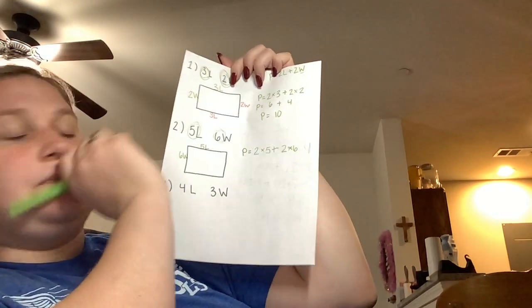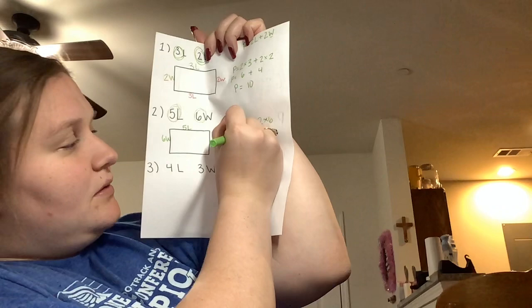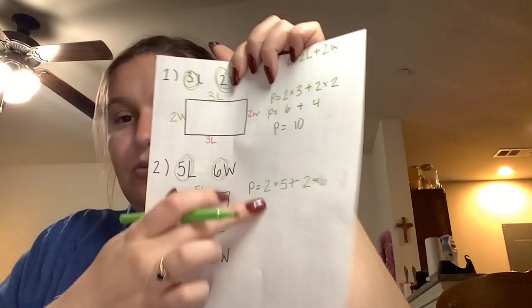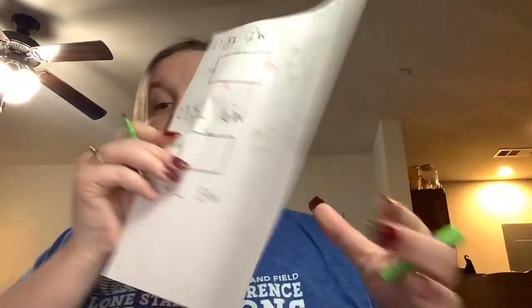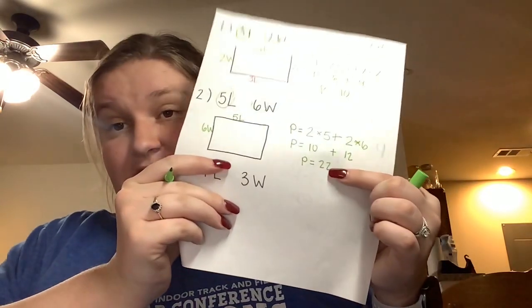That's how it should look. Everybody take this first step on your own. Do your multiplication. It should be 10 plus 12. Do your addition. And we have 22.